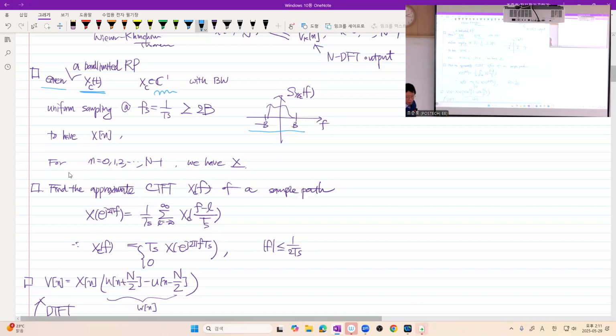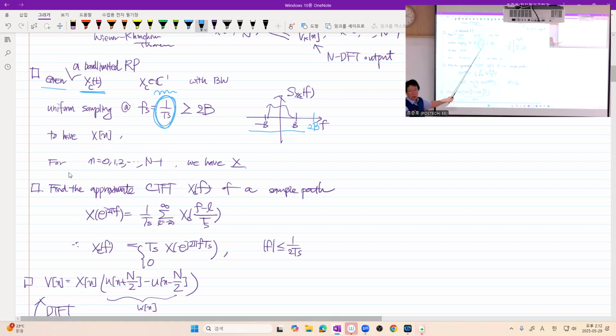So 2B is now chosen as a number that is less than or equal to our sampling rate. So it's like this. Here we have a continuous time random process whose power spectral density is to be estimated. But since we cannot do that directly, we approximately estimate by sampling and doing some discrete time signal processing.